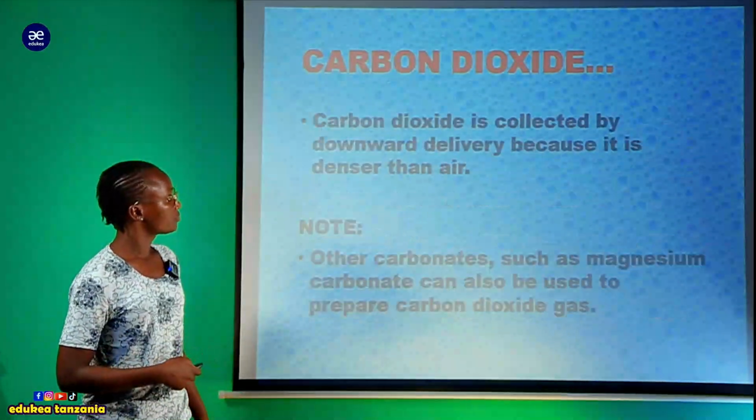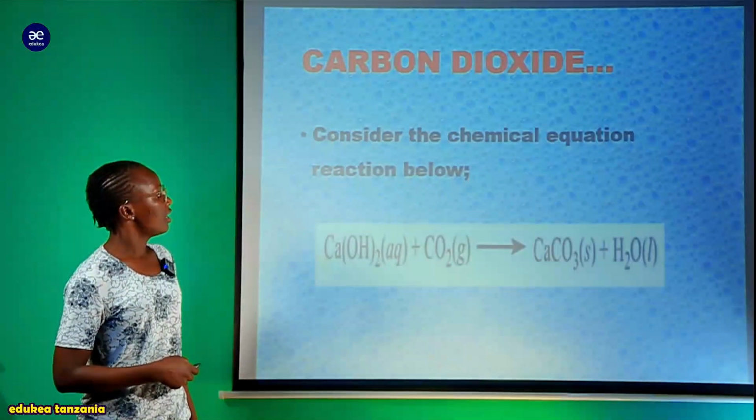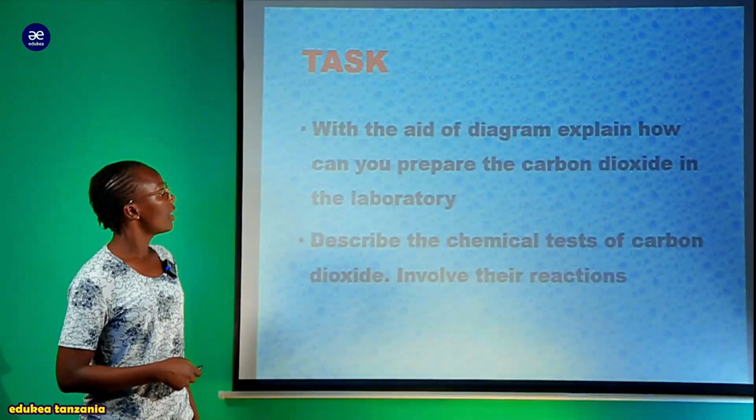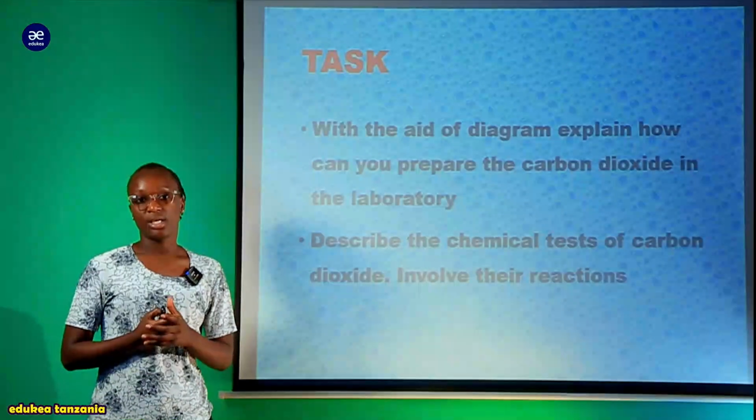My student, after looking at these chemical tests of carbon dioxide, this marks the end of our session.